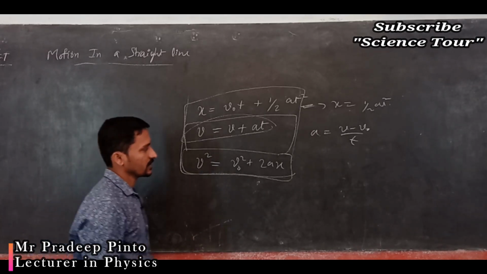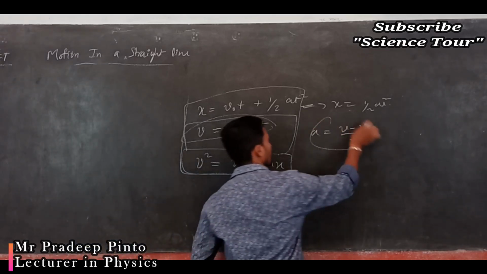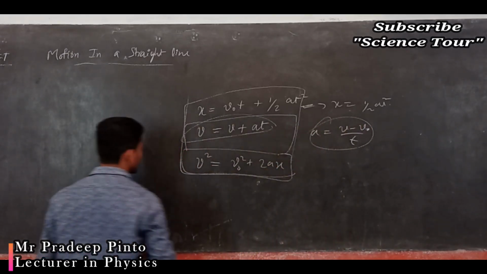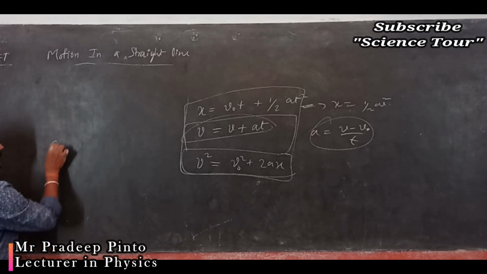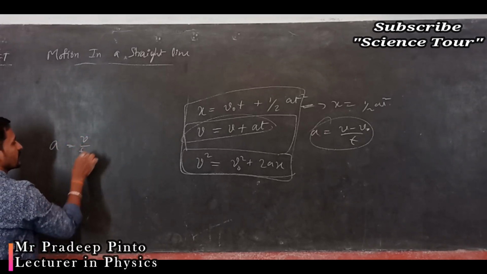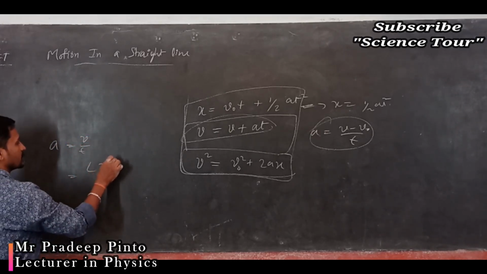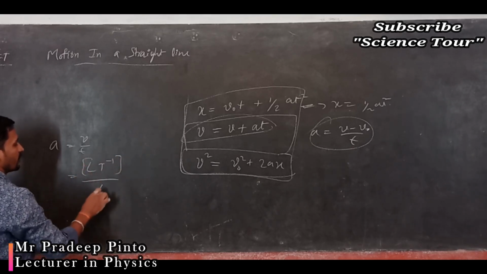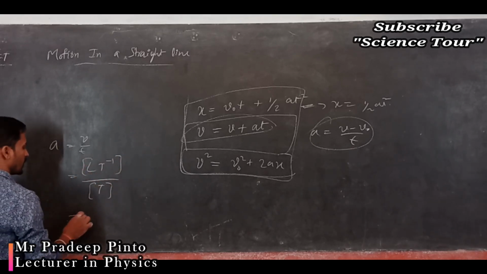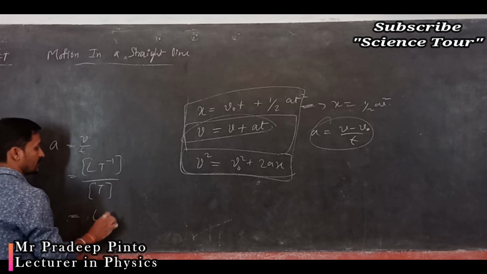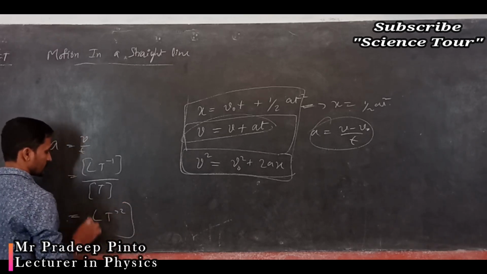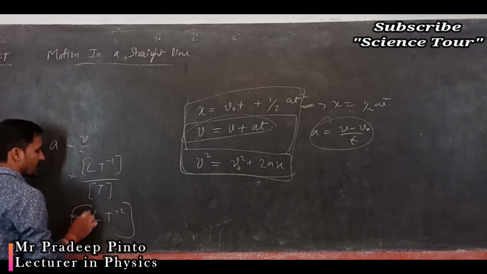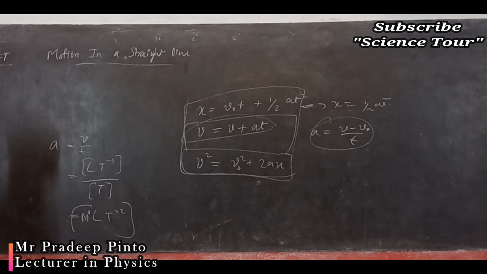Again, what is the dimension formula for acceleration? That I forgot to write. Acceleration is equal to velocity by time. What is the dimension formula for velocity? This one we have written, divided by time. Every time you have to write it in square brackets only: LT minus 2. And M sometimes is there, M 0. Okay, M 0.